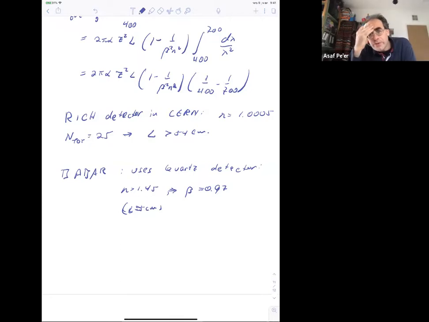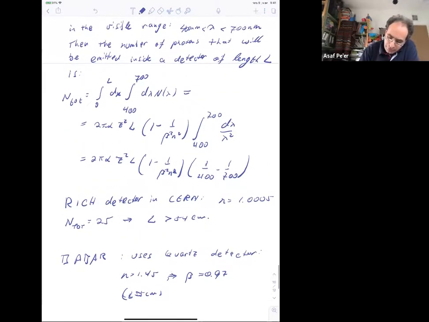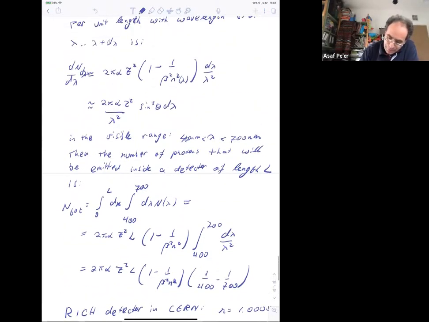The last point I want to mention, which I actually already mentioned because that's the coolest one for me, is this dependence of 1 over lambda squared, which appears here. This exactly means that there will be many more photons towards the blue region, right?